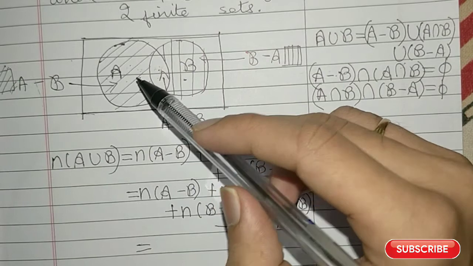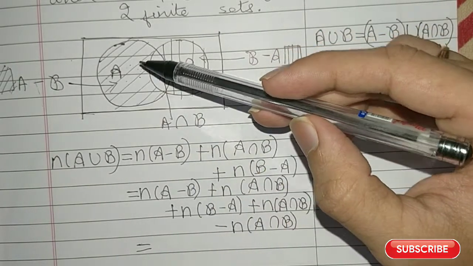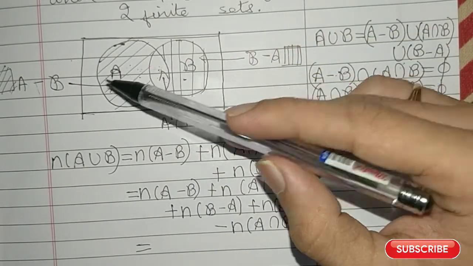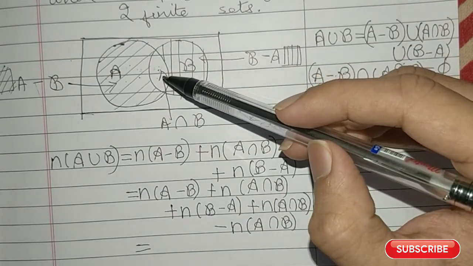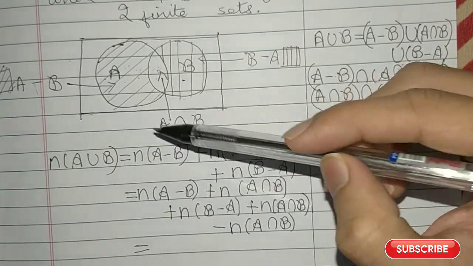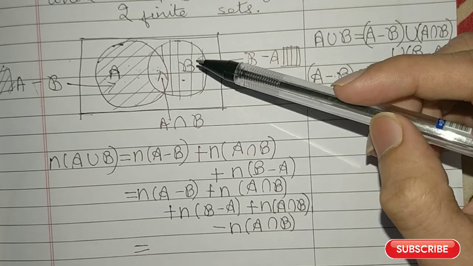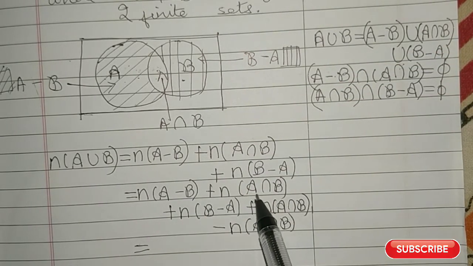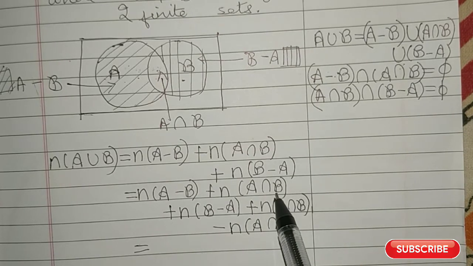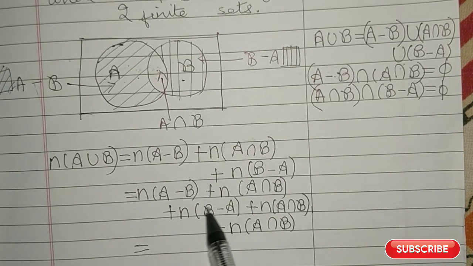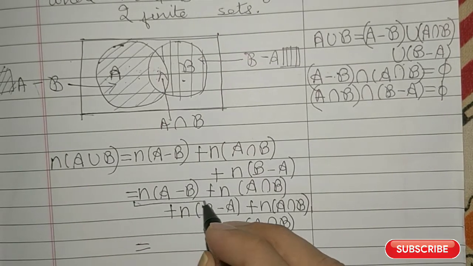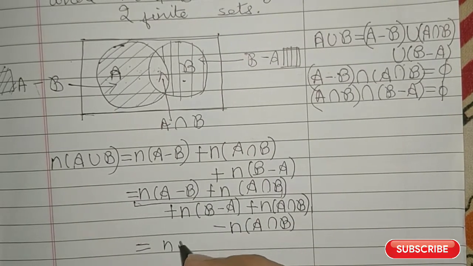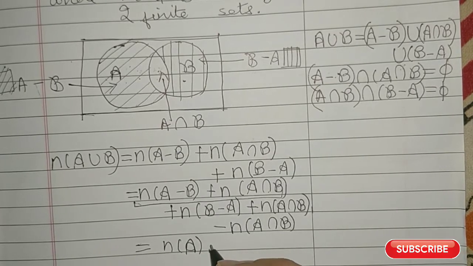So the set A, you can look at it as the union of the set A minus B and A intersection B, where A minus B and A intersection B are disjoint, right. So what will be the number of elements in A minus B plus the number of elements in A intersection B? It will be nothing but the number of elements in the set A, right, for this, okay.